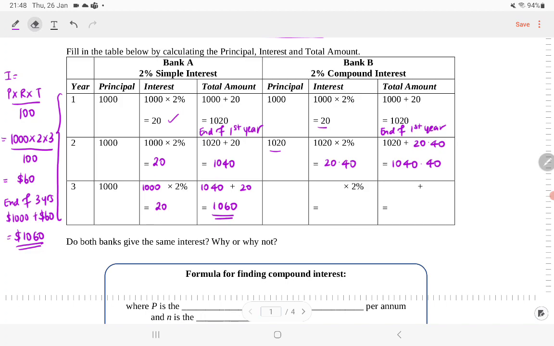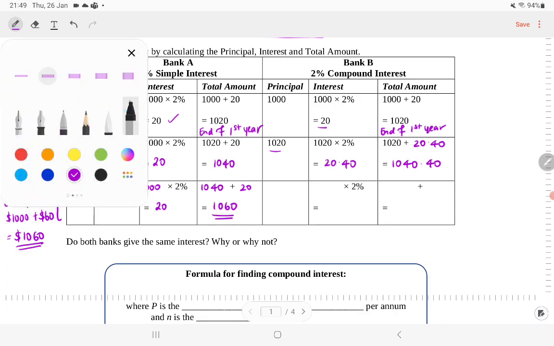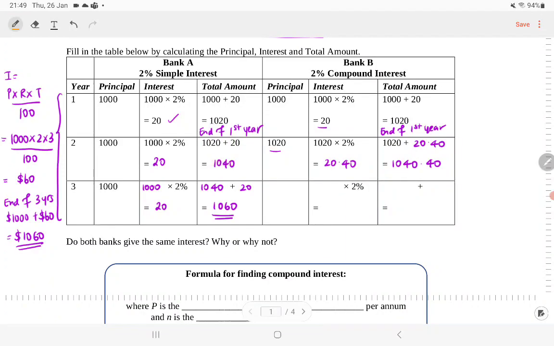If you compare, at the end of the second year, if I chose bank A, I only got $1,040. But if I choose bank B, I got $1,040.40. It's 40 cents more. It might not seem like much, but it is definitely 40 cents more than bank A.